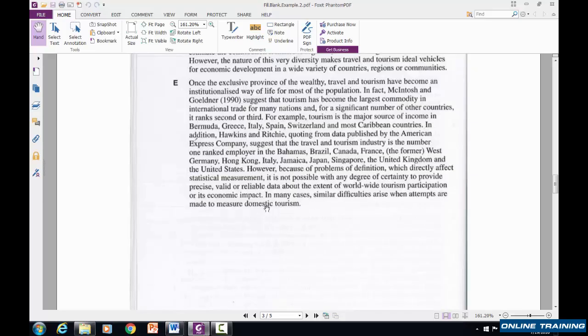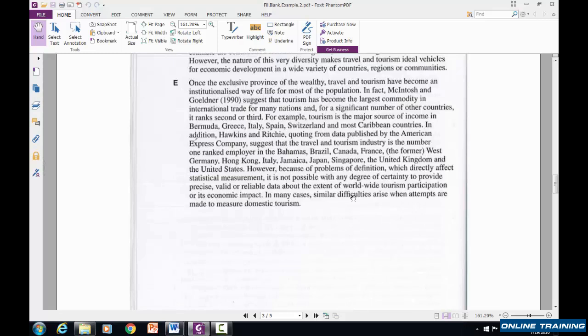Our answer here is domestic tourism. Difficulty is a synonym for problems. I know that's our sentence because they're using synonym language. A lot of students might go to the sentence before because they see the exact word problems. But our answer is coming from that last sentence because you have to look for synonym language.